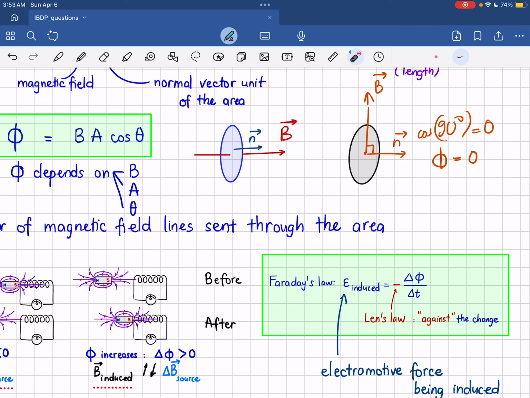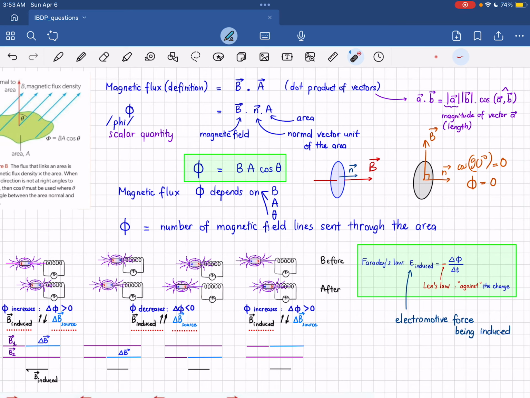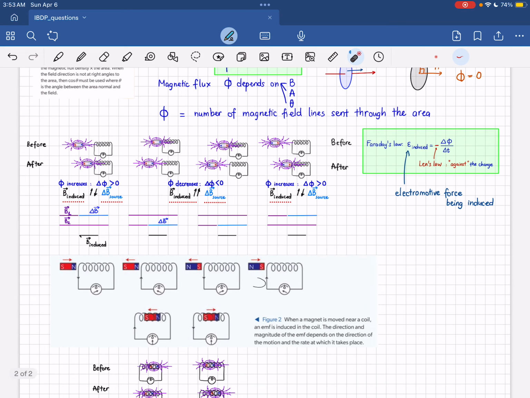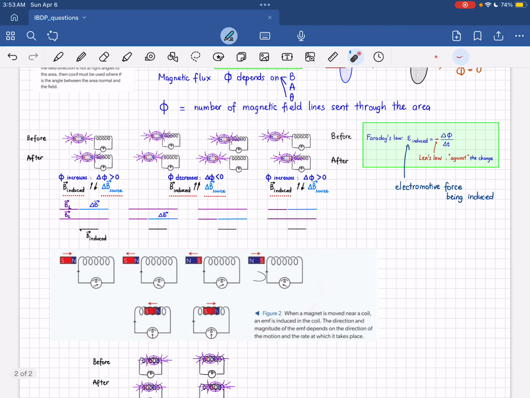And if we get a change in the flux over time, you can induce a current that will run around a nearby wire. We can examine more of these examples in the next video. Okay, see you soon. Thank you.